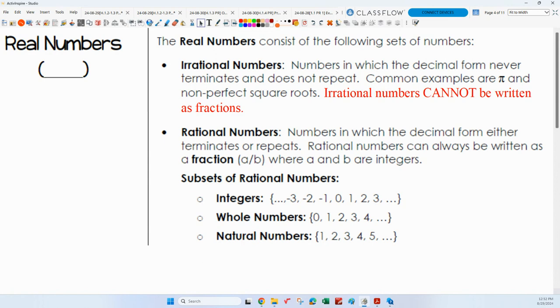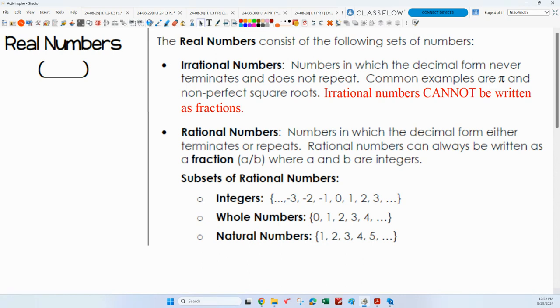It starts with a T. Terminating. You ever heard that word before? Terminating decimal? Okay, so to terminate means to stop or end, right? So a terminating decimal is a decimal that just stops. It's exact. 1/2 is 0.5 exactly. Stop.